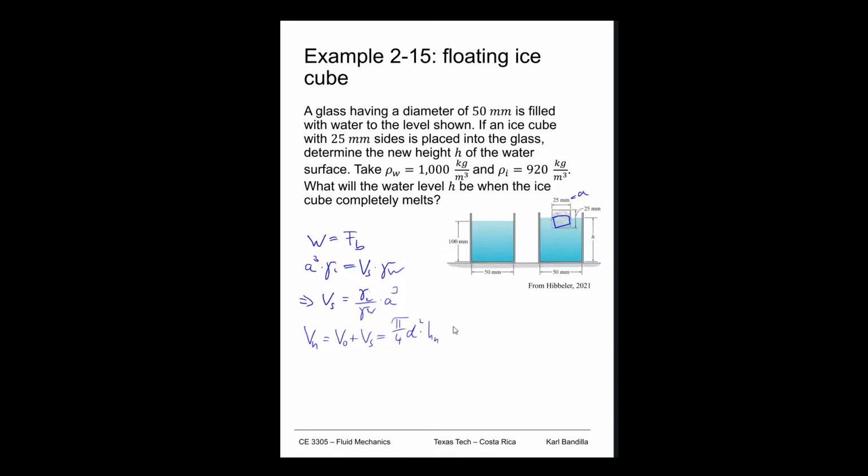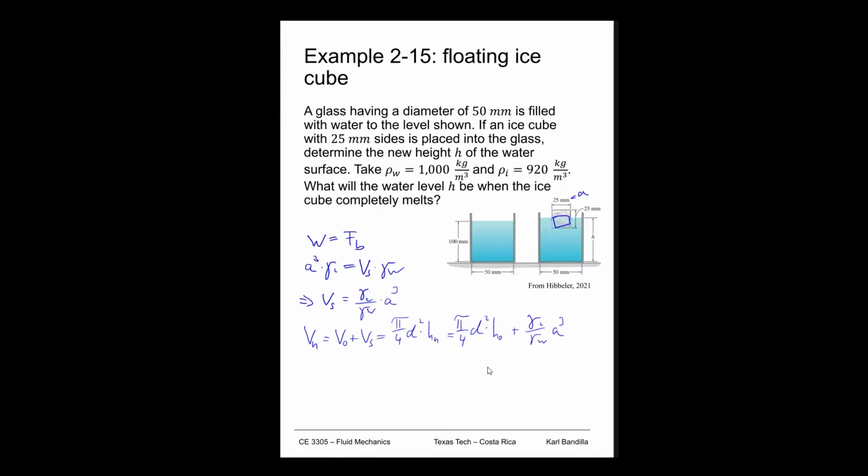And this is going to be equal to the original volume, which was pi over 4 times d squared times H0, for H original, and then, of course, plus our Vs, which we figured out up here: gamma ice over gamma water times A to the third power.